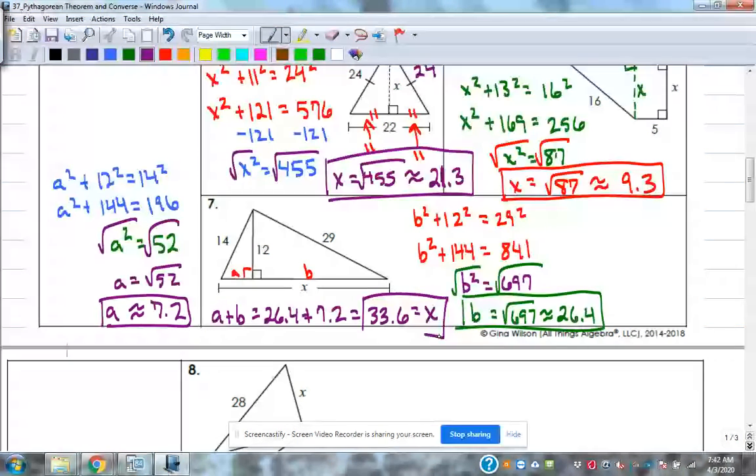That's what x is equal to. So we'll have to round probably to get that one done.